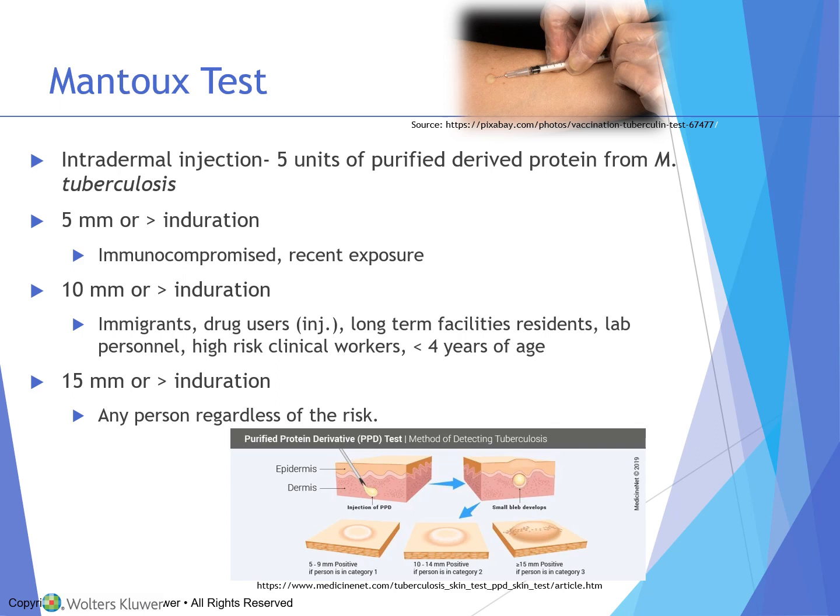Now, if the induration is 10 millimeters or more and they're immigrants, drug users, injectable drug users, or long-term facility residents like prisoners or nursing home patients in long-term care facilities or a prison, then it is considered positive.